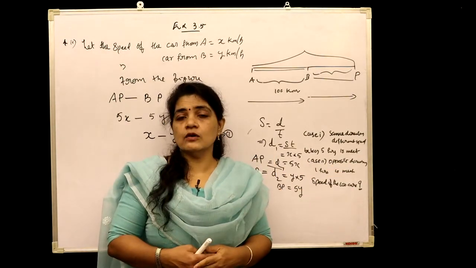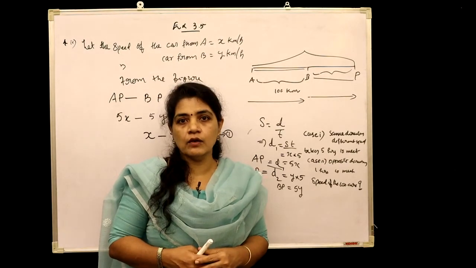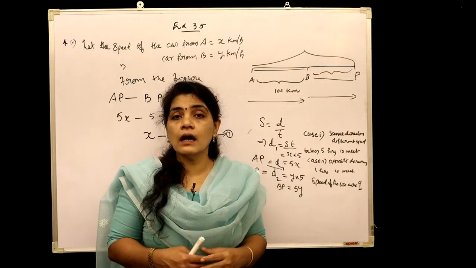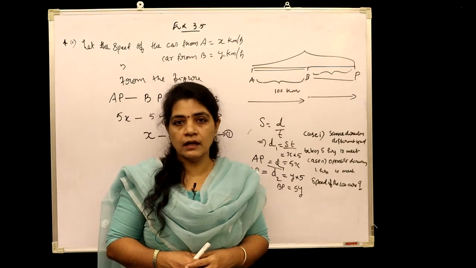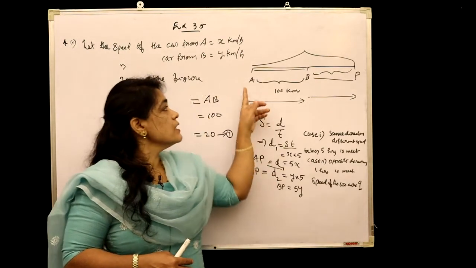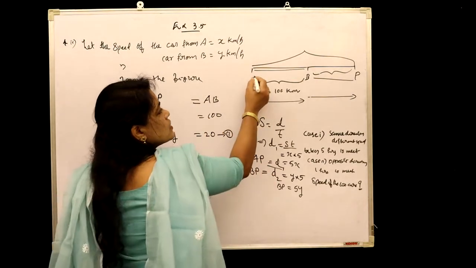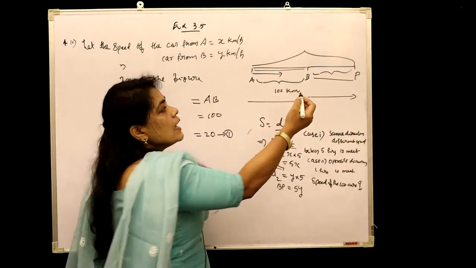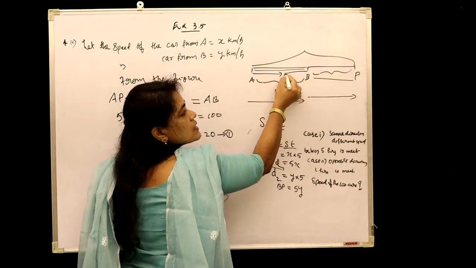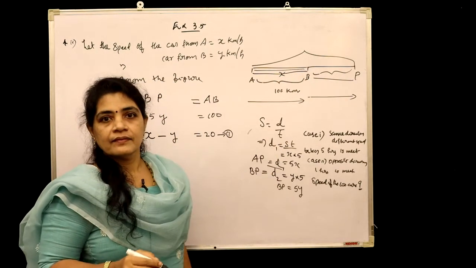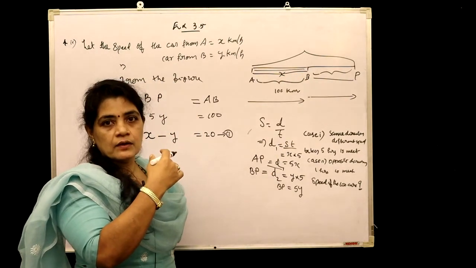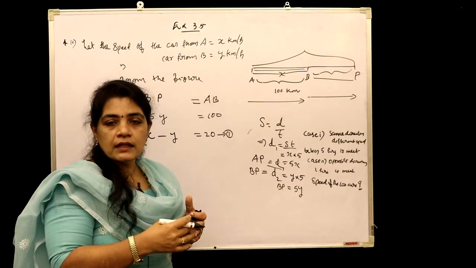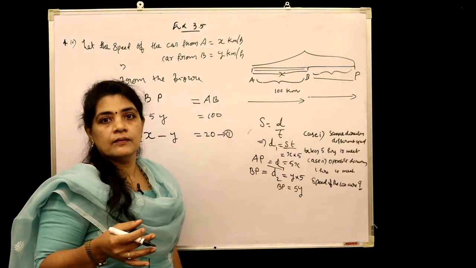In that second case also they are moving at different speeds, and they have taken 1 hour to meet together, 1 hour. One car is moving in this direction towards the right side, suppose, and another car from B is moving towards A, to the left side, and they met together after 1 hour.